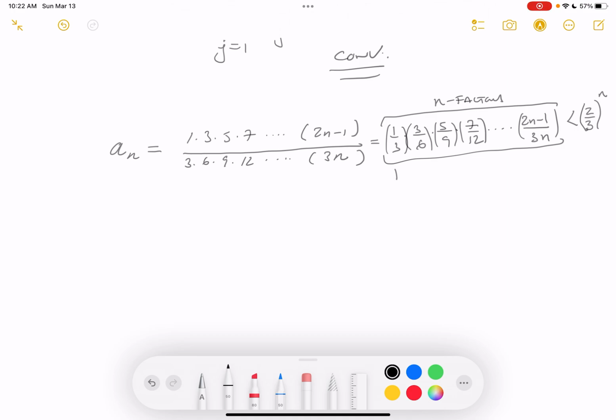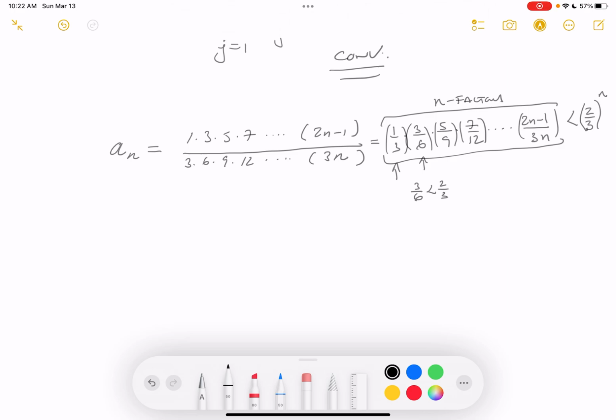Well, 2/3 is definitely bigger than that number. 2/3 is bigger than 3/6, that's for sure.